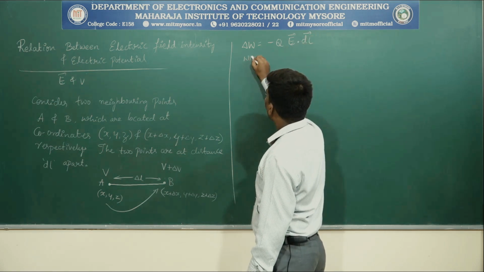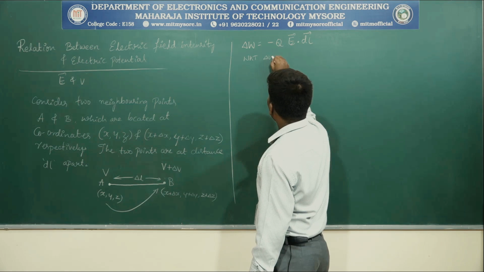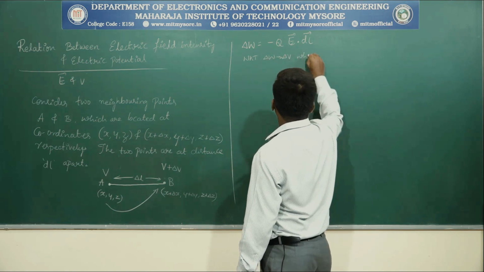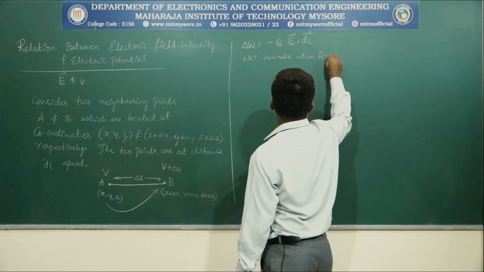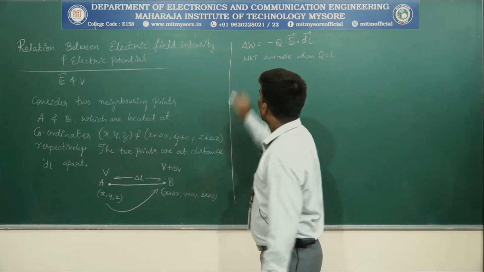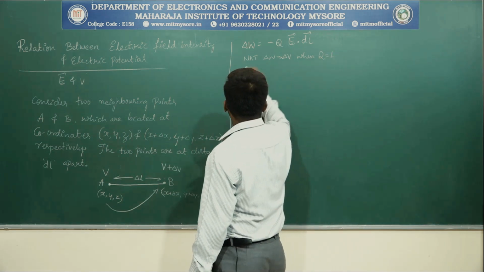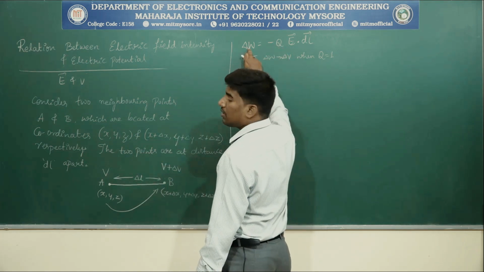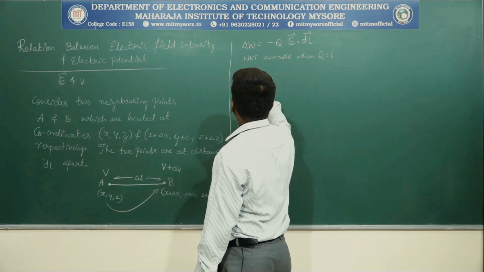We know that delta W becomes delta V when Q is equal to 1. If we move the unit positive charge from lower potential to higher potential, the work done becomes the potential.